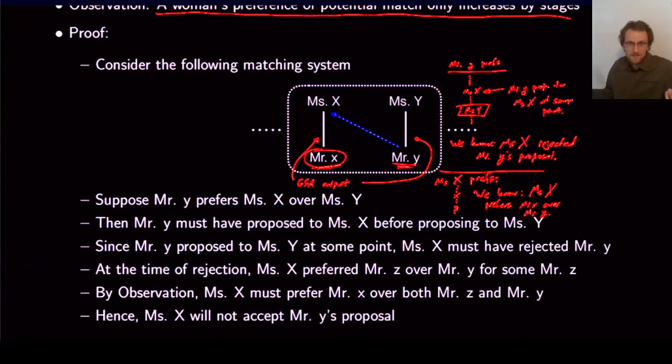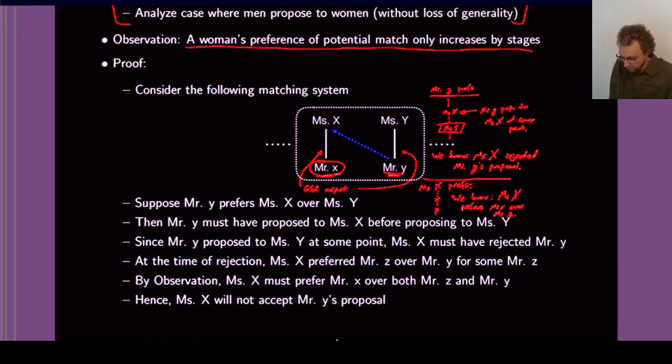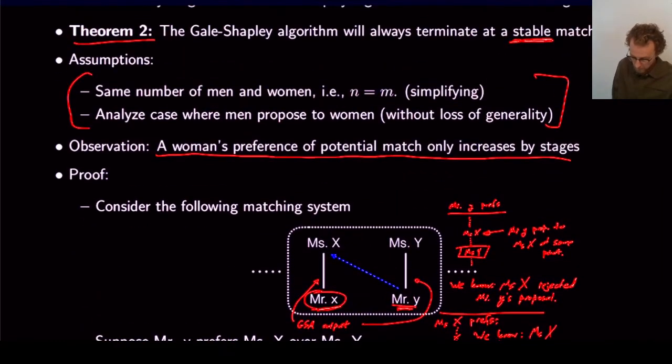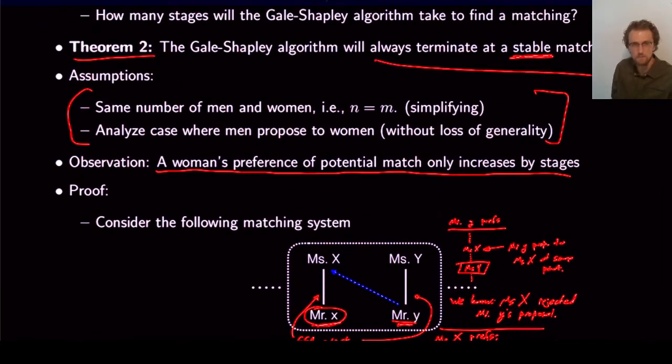Well, it tells us that the whole thing is stable, right? Since these four are stable and these four are arbitrary, then the whole thing is stable. So therefore we're done, right? That actually completes the proof that the Gale-Shapley algorithm terminates at a stable matching. Okay, and that's that fact.